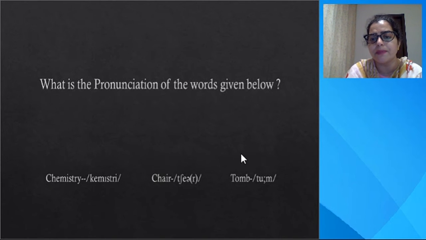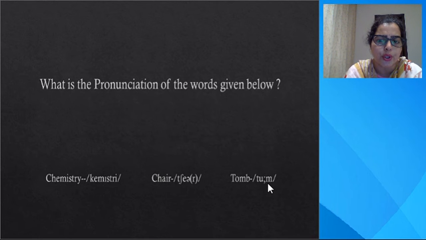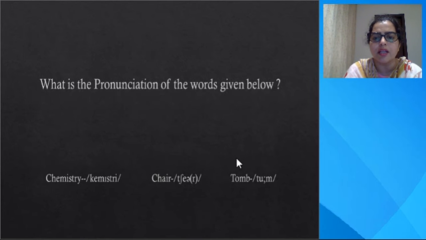And what is the pronunciation of this word? T-O-M-B. Tomb. T-U-M. And in the dictionary, you will find these phonic symbols, and these phonic symbols show the pronunciation, how these words are pronounced.